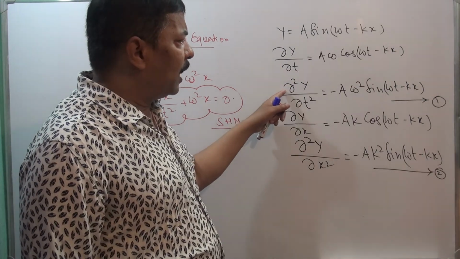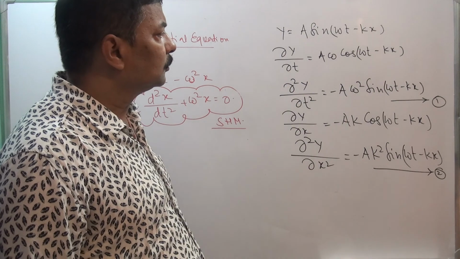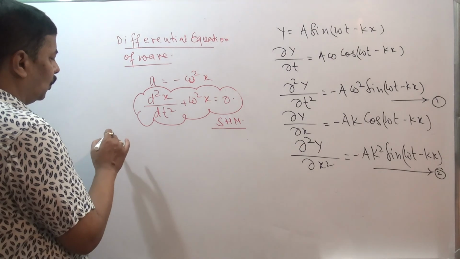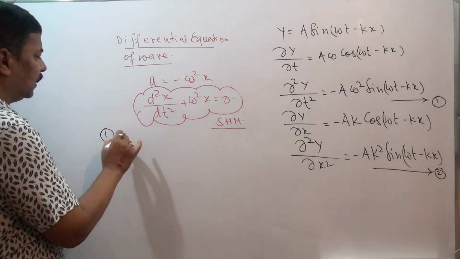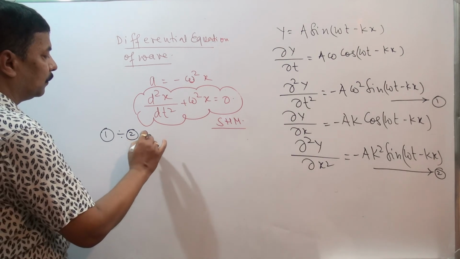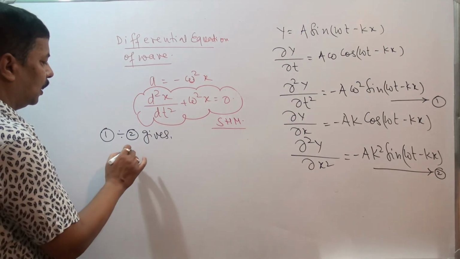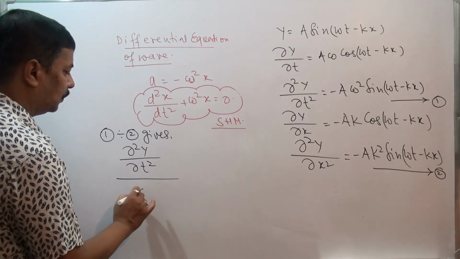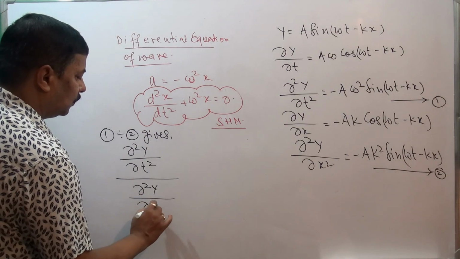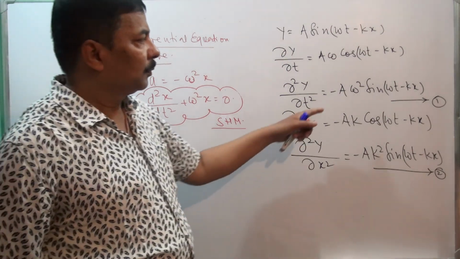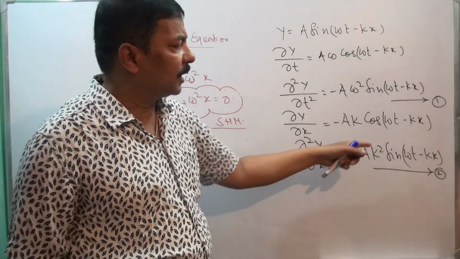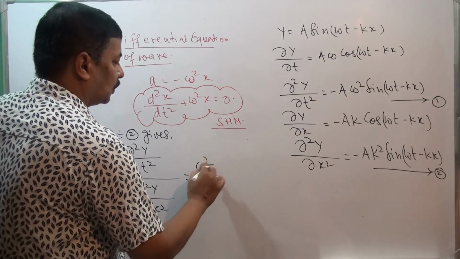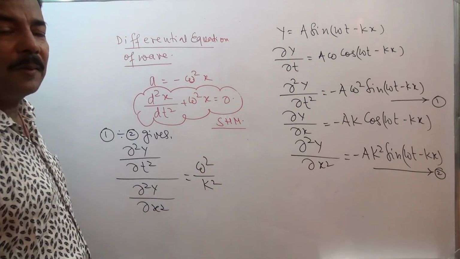Now if we divide equation 1 by equation 2, a will cancel, the negative will cancel, sine will cancel, and we get omega square by k square.